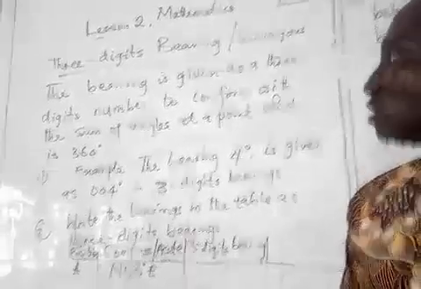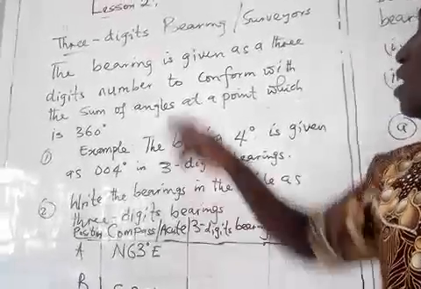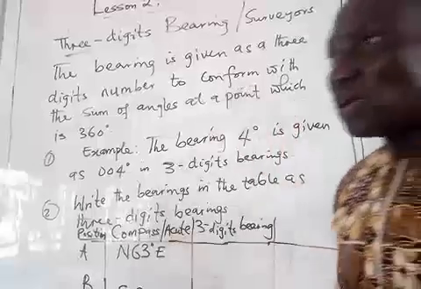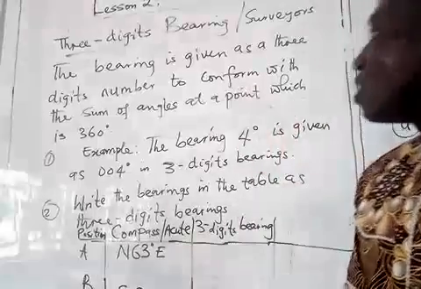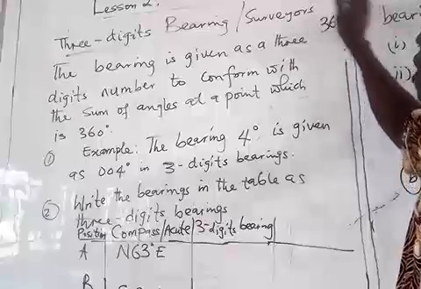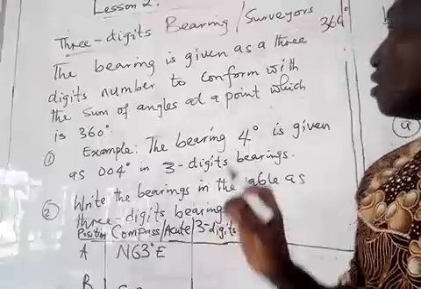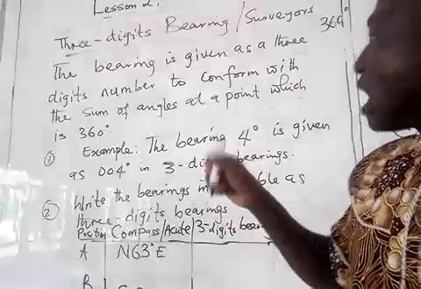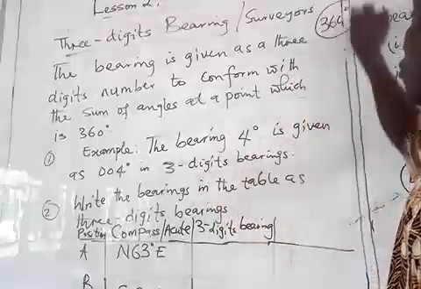Now, what do we mean by three-digit bearing? A three-digit bearing is just a bearing given to conform with the 360 degrees, which is the sum of the angles at a point.